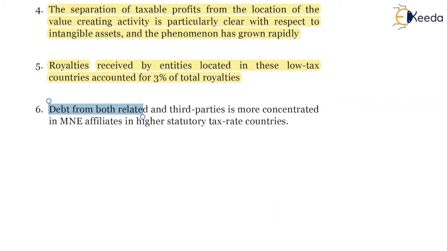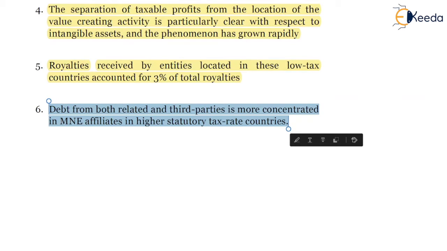Debt from both related and third parties is more concentrated in M&E affiliates where there is higher tax rate. So, benefit by way of interest reduction on loans. You can see this is highly concentrated in the entities where a higher tax rate is applicable. So income is being reduced by interest deduction.